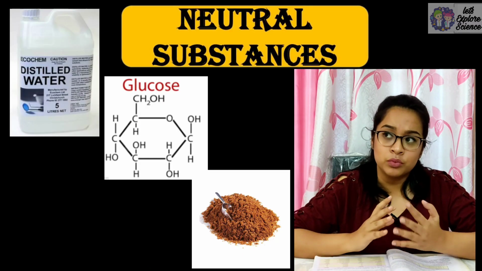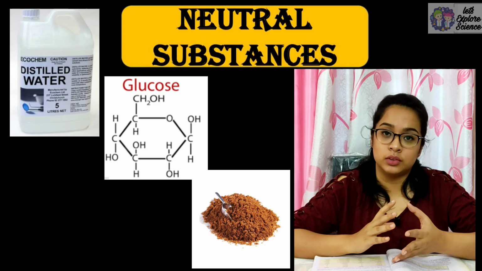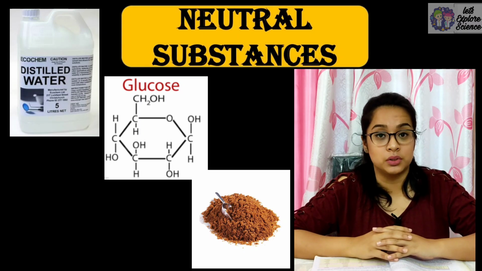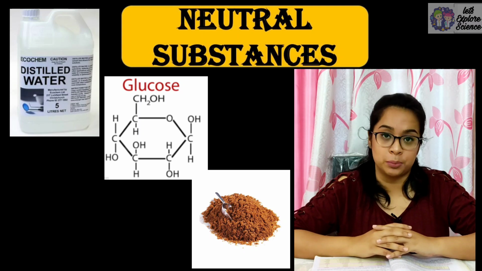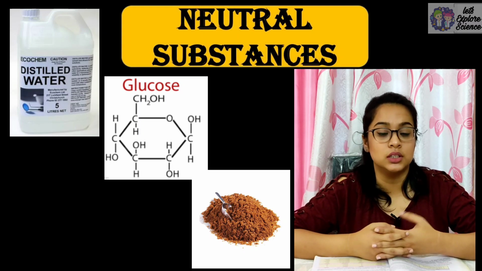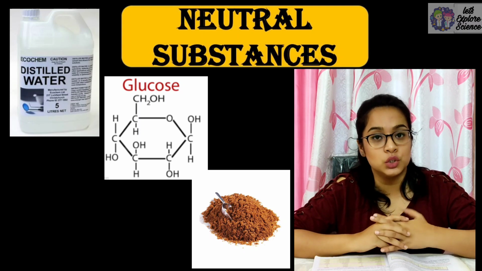Now there are some substances which are neither acid nor base. Those substances are known as neutral substances. See, if you use any indicator in those substances, those indicators won't change color.